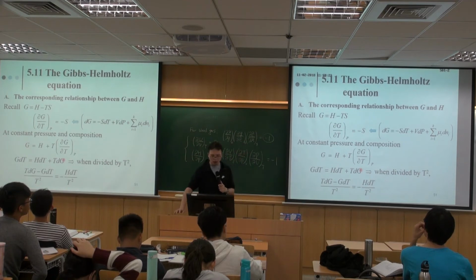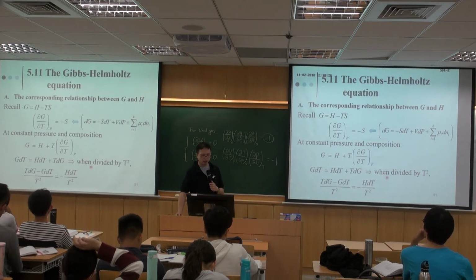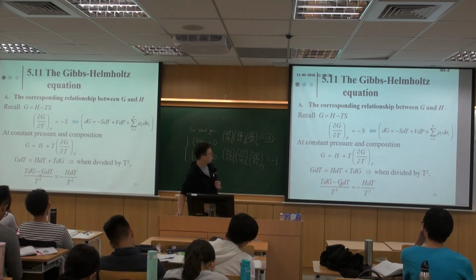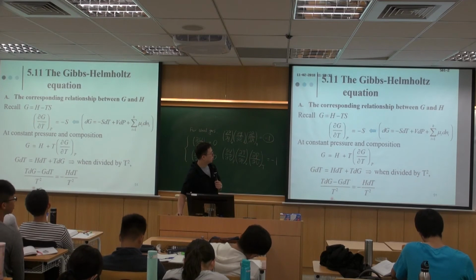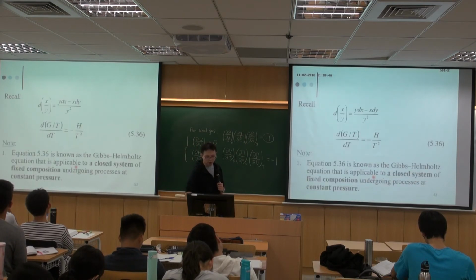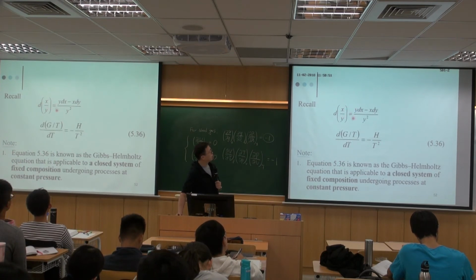Okay? And here you go through another mathematical trick where you divide both sides by T squared. If you do that, the left-hand side is simply this, and the right-hand side will be something like this. Okay? So if you further simplify that, you know that the differentiation of x over y is exactly the same.